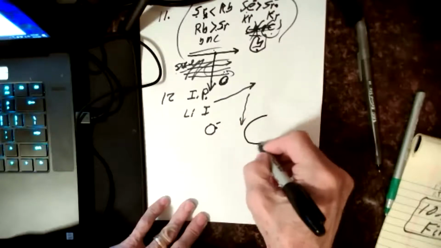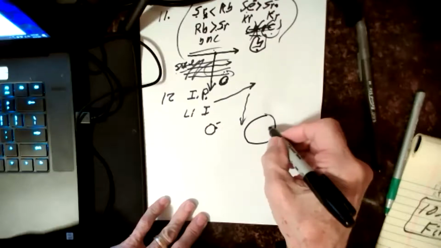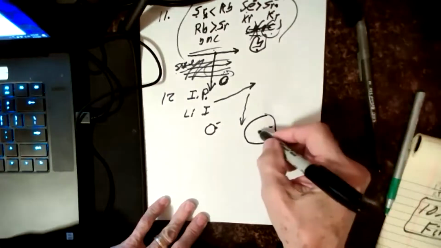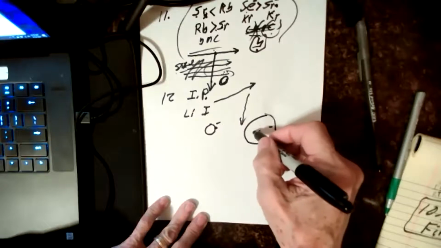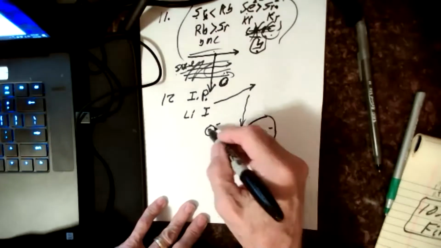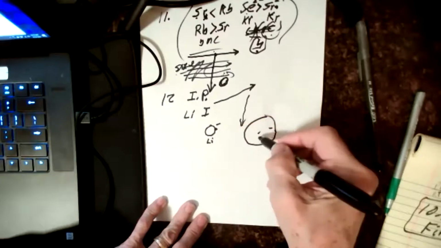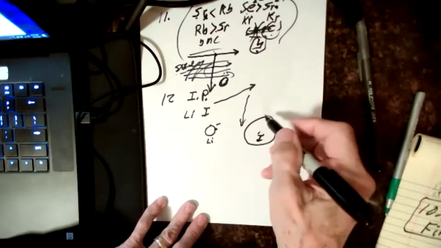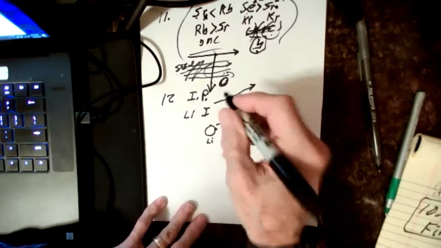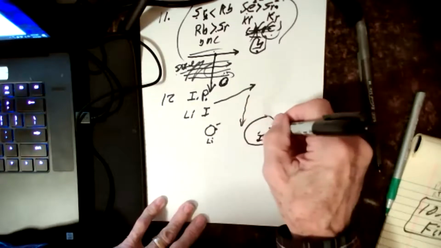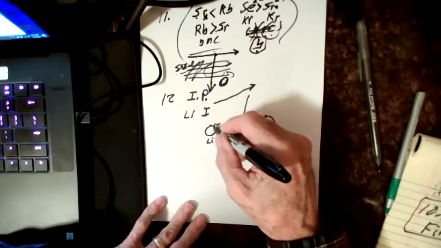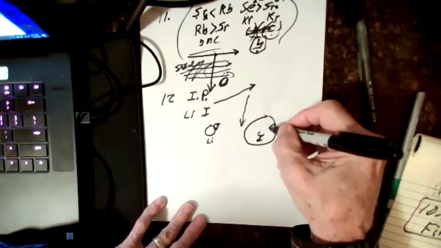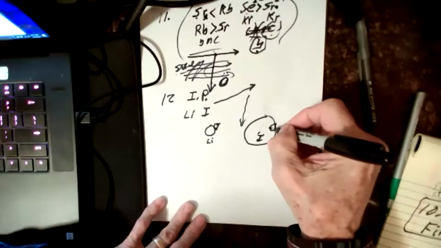Iodine is that size, so it's got an electron there. The electron's going to be much further out in iodine than it is in lithium. We're removing an electron from the outside of that atom or from the outside of that atom.